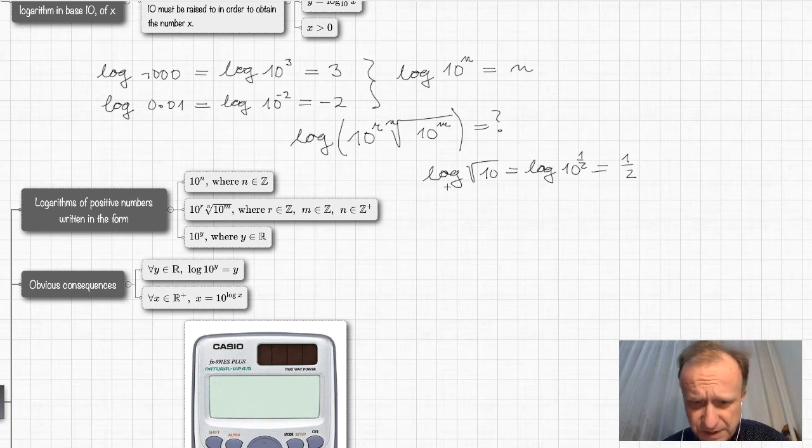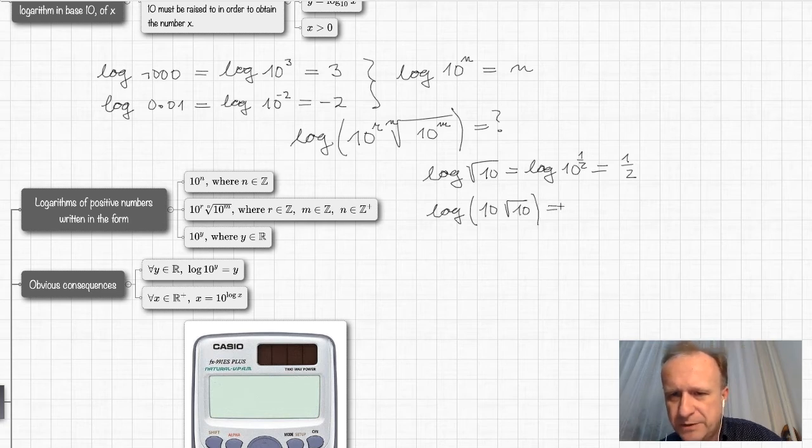Now, let us consider another situation, the logarithm of the number 10 times the square root of 10. Okay? If you have to calculate such a logarithm, you first have to change the number in the brackets to 10 to some power, and then you can easily calculate the logarithm. So it's the logarithm of 10 to the power of 1, this is just 10, times 10 to the power of 1/2, which represents the square root of 10.